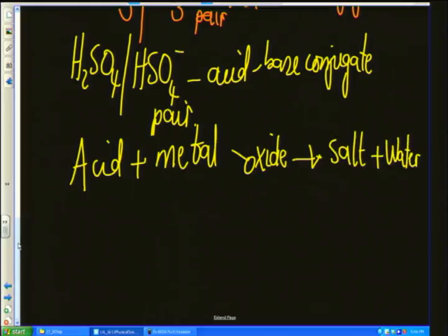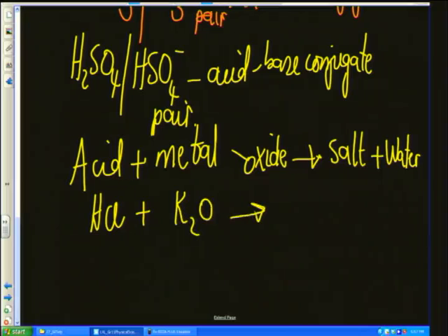So when I have HCl plus, for example, potassium nitrate, no, it must be a metal oxide, okay? So let's say I've got potassium oxide. What am I going to produce?